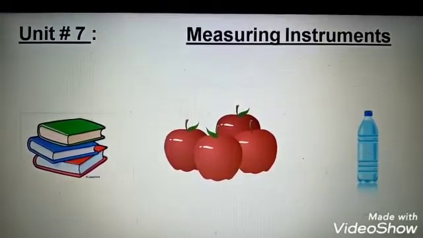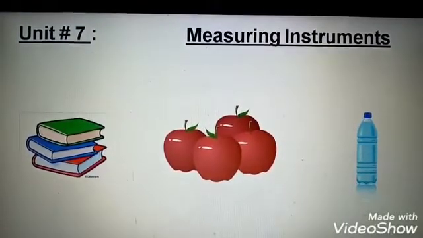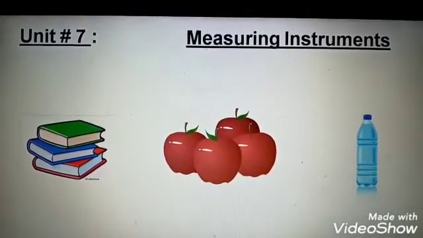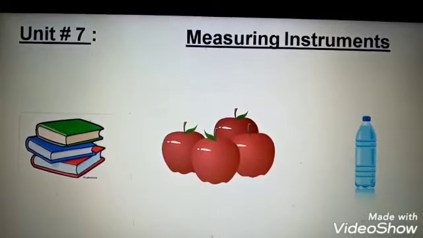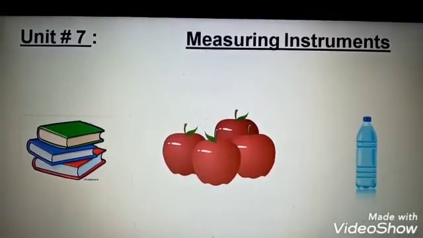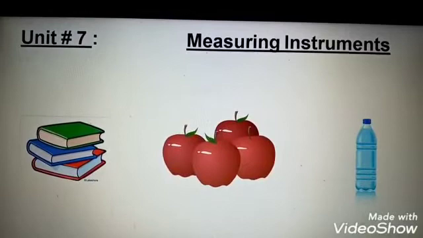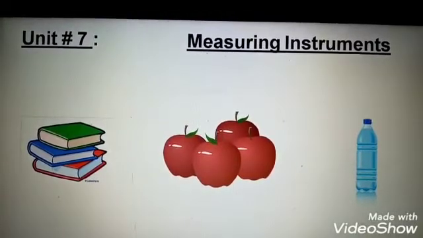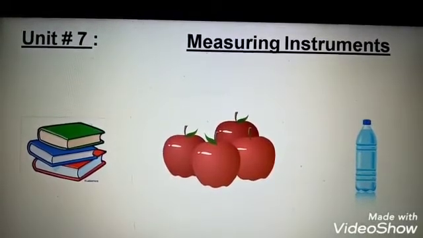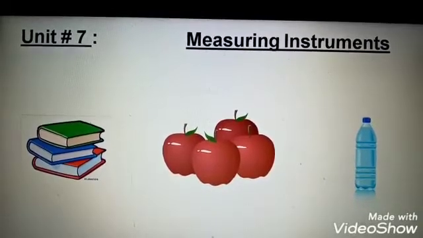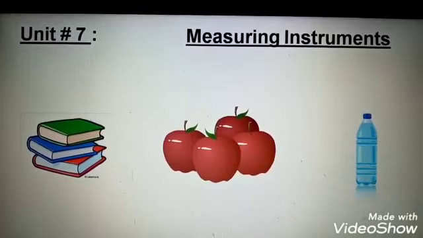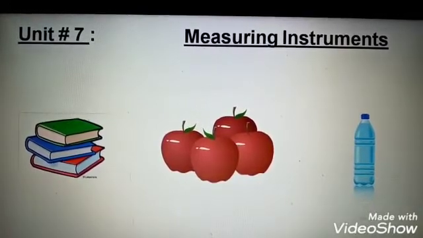We can say the books are heavier than the apple, but we will need to use a measuring instrument to find the accurate weight. For measuring the accurate weight, we use a measuring instrument. Similarly, for the amount of water in the bottle, we use a measuring instrument.